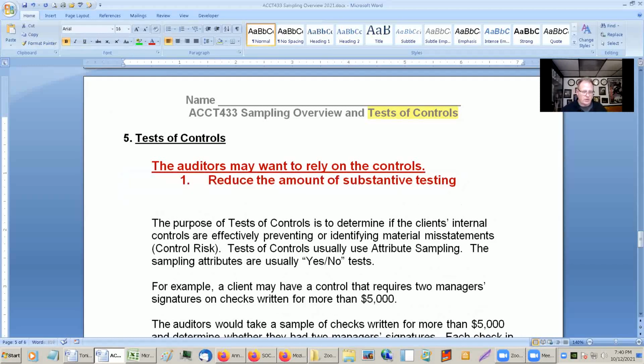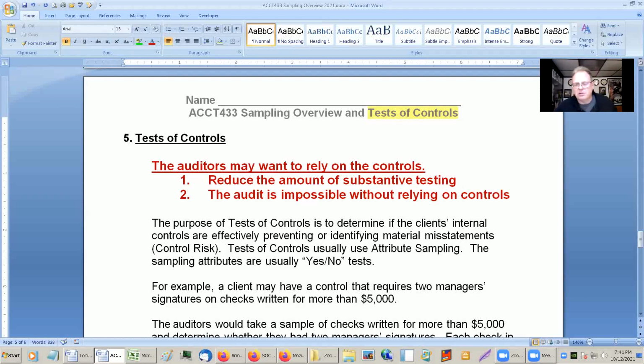It could also be, and this is what you run into with larger companies, that it is impossible to do the audit without relying on controls. You're doing inventory for Walmart.